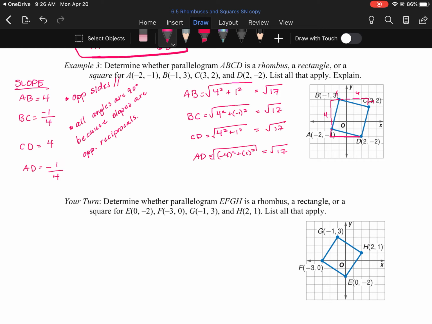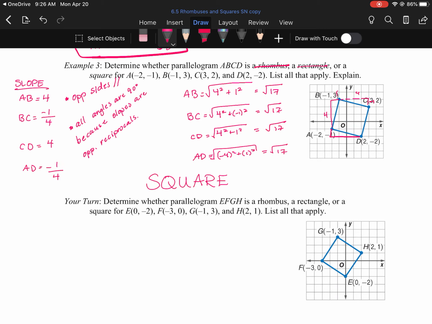So we know that all sides are congruent. So if all sides are congruent, rectangle's out. So it's either a square or a rhombus, because a rhombus also has all sides congruent. But then we look back at the angles, and the angles were all 90 degrees. A rhombus doesn't have 90-degree angles, so the best answer is a square.